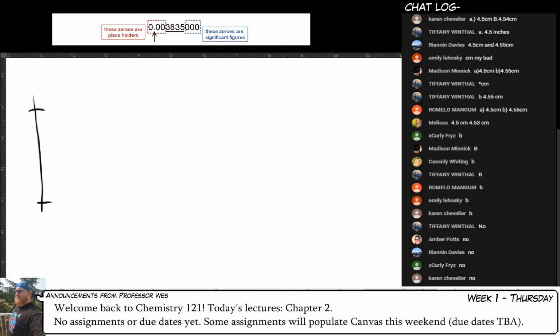If this is my guide here, and the number that I'm working with to get that measurement was something like this. Actually, let me put another mark in the middle here. 0.003835.